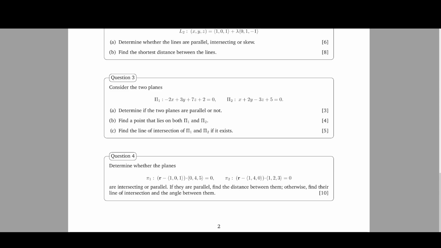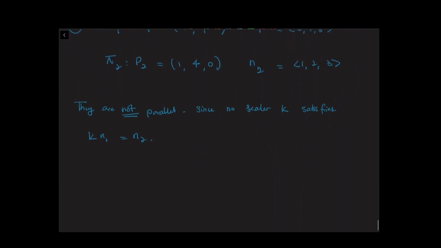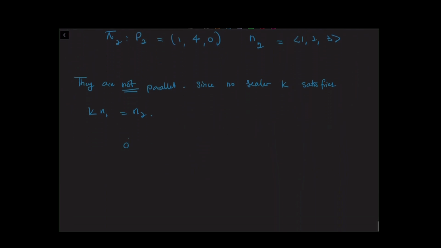Now, because they're asking for the line of intersection, I need to get the direction vector. Because I already have the two normals here, I'm just going to cross them to find the direction vector, because I know I'll need it for the line. So it's 0, 4, 5 cross 1, 2, 3.